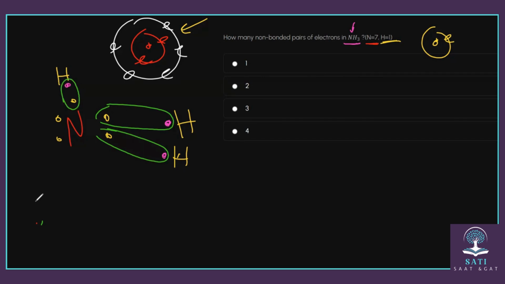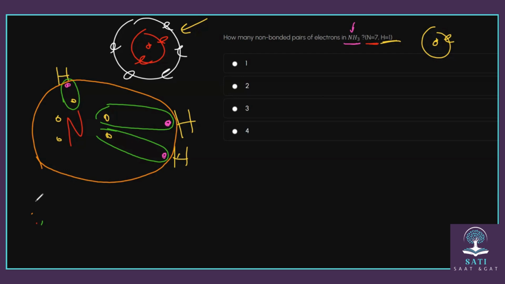And why do they make bonds? When they make bonds, they just want to feel stable. How many electrons are now around the nitrogen? There are exactly 8 electrons. So nitrogen will feel that it has 8 electrons around it, meaning it reached its octet, so it will feel stable.